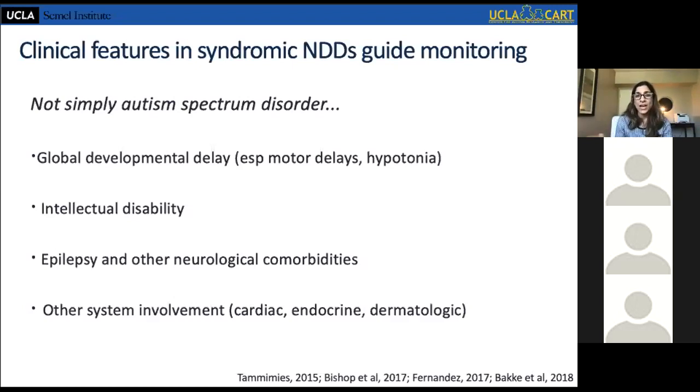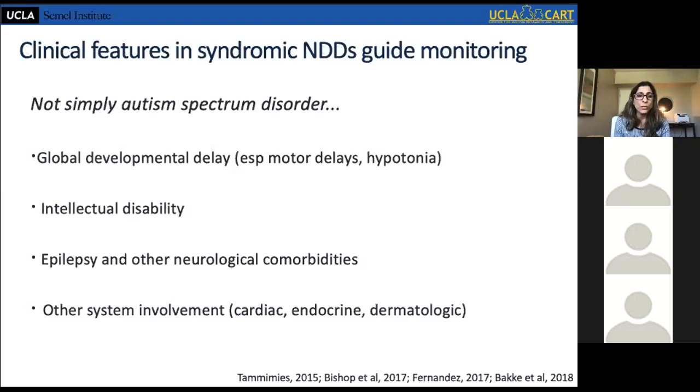In a patient like that, I might also take spells much more seriously. A staring spell I may think is more behavioral in a patient who's at low risk for epilepsy, but in a patient with a genetic condition who's having new staring spells, I would be much quicker to obtain an EEG to rule out a seizure. So that's just an example. And then other system involvement.